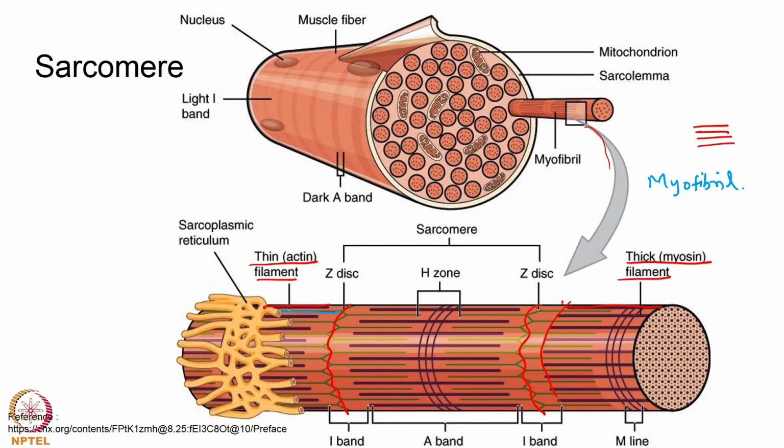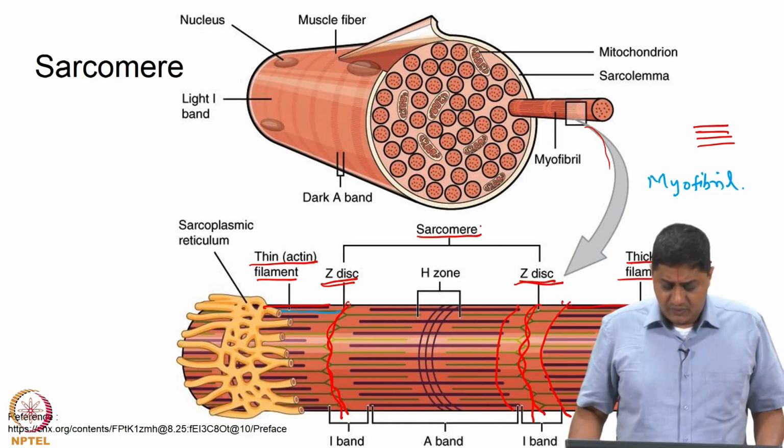Here is a thick filament and here is a thick filament, and the boundary between this is called a Z disc, and on the left you have one more Z disc. The distance, or the physiological unit, between one Z disc and another Z disc is called a sarcomere. This is the smallest functional unit of a muscle.